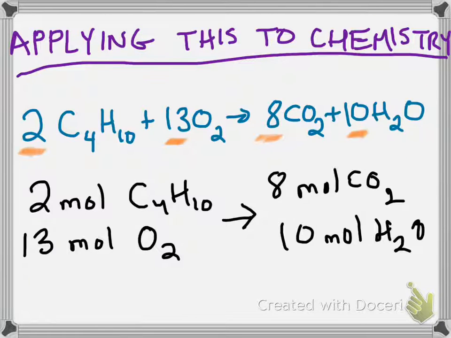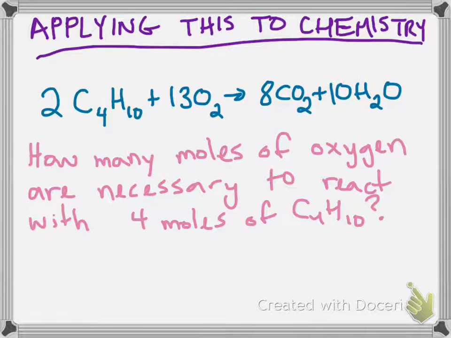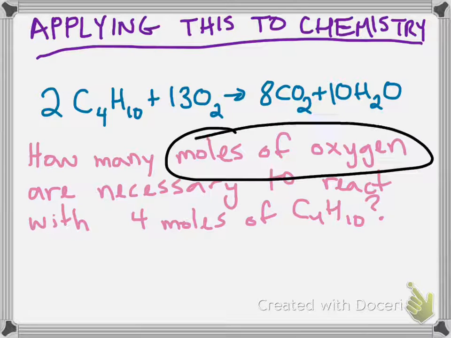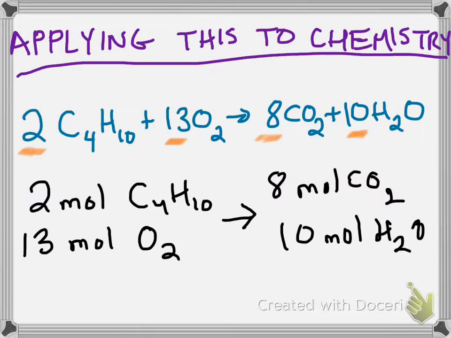So how many moles of oxygen, so we're trying to find the moles of oxygen, that's our unknown, are necessary to react with 4 moles of C4H10? Well, from here, we know that 2 moles react with 13 moles.